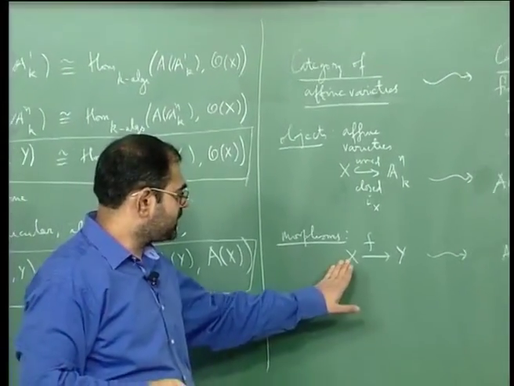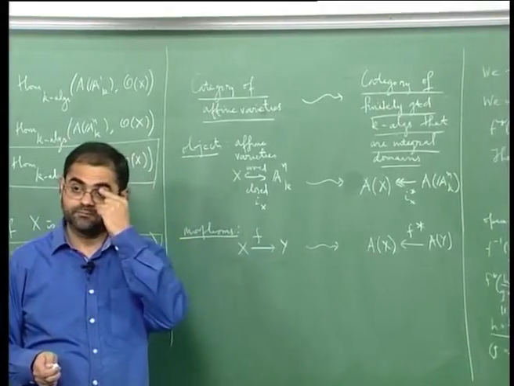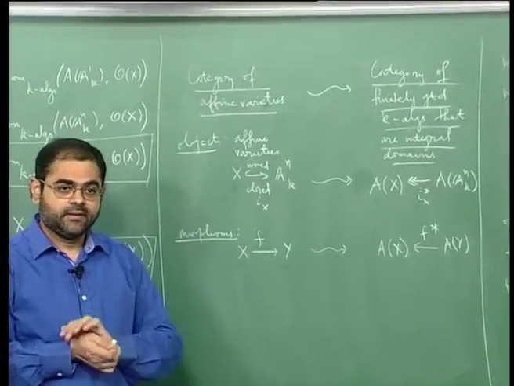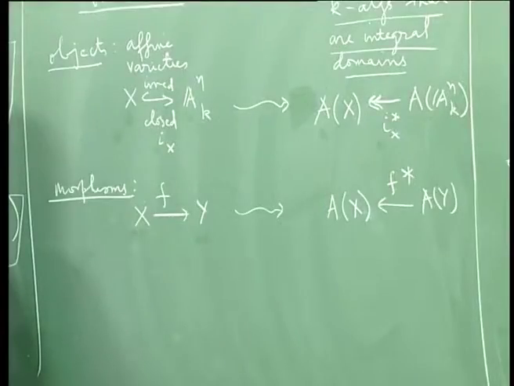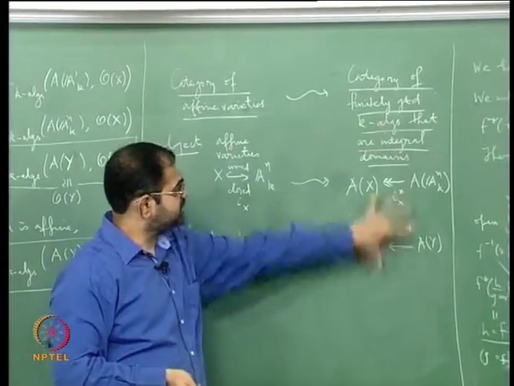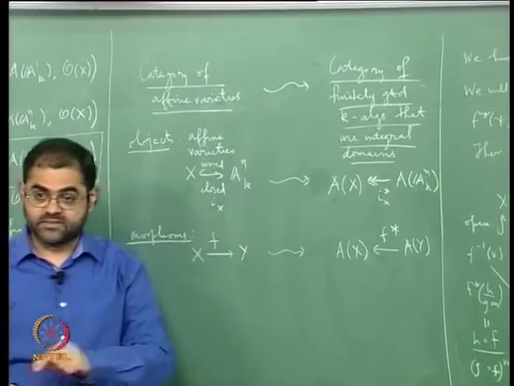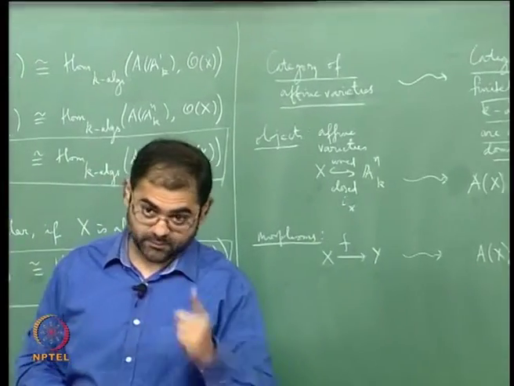So the fact is that if you give me a morphism of varieties, the pullback map is actually a ring homomorphism. That's something that you can very easily check. It's obvious, and in fact it's a k-algebra homomorphism. So the morphisms on this side are k-algebra homomorphisms. They are ring homomorphisms which take one to one and which respect the vector space structure.